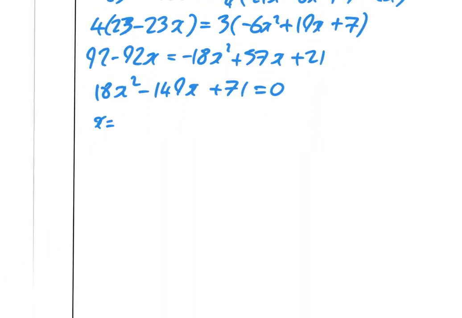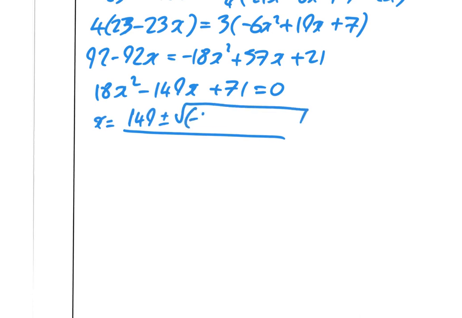x is equal to 149 plus or minus the square root of minus 149, that's squared, minus 4 times my a, which is 18, times my c, which is 71, all divided by 2a, so that's 2 lots of 18.